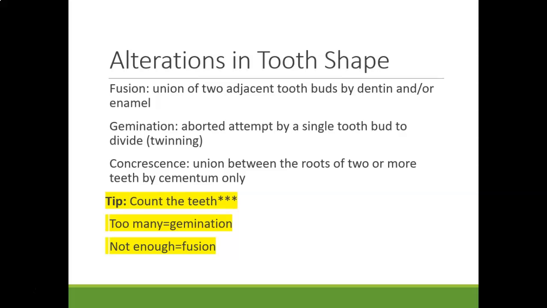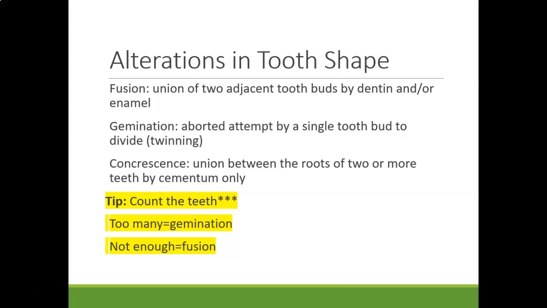So the tip here that you really got to think about is, when you look at it in the mouth, sometimes it's hard to tell on the radiographs, I'll admit, because if you can't see enough teeth, it's hard to know what you're counting. But in the mouth, for sure, count the teeth.